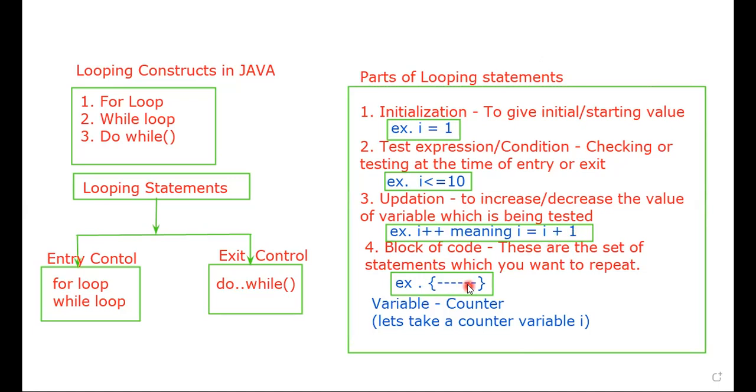Now, in case of decrement, can you give the example? Yes, ma'am. Suppose I is equal to 2, then we can just write in the checking that I is greater than 1, maybe.